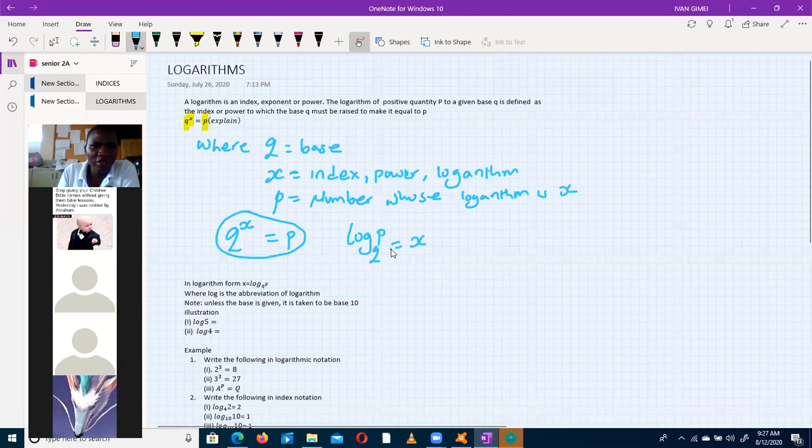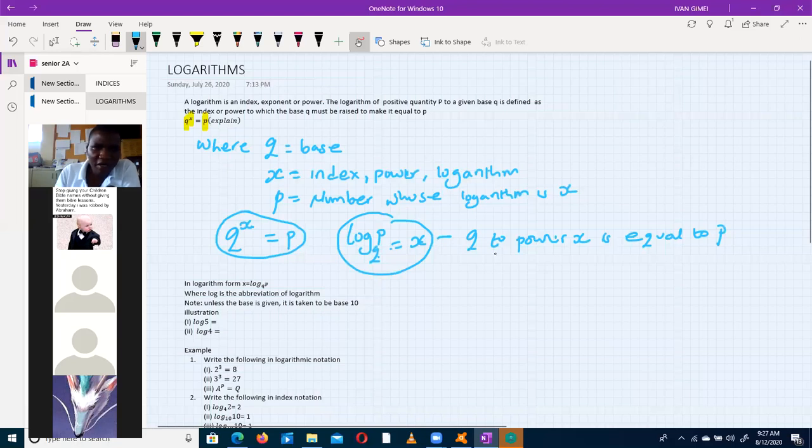We are simply saying that q to the power of x is equal to p.